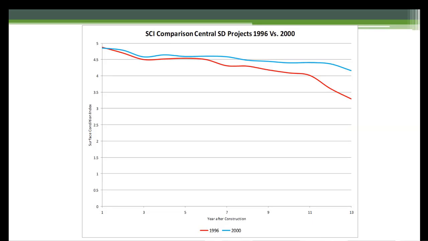And you see that the blue line stays pretty flat. Both start out at about 4.8, 4.9 after new construction. And the blue line is still at 4.2. I mean, it's still in great condition at year 13. Whereas the red line at about year 11 really starts diving down. So that is a perfect example of how these three things came together to improve pavement quality.